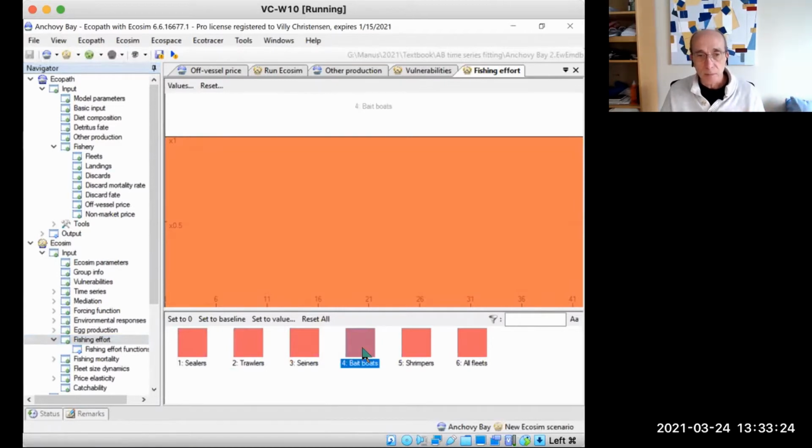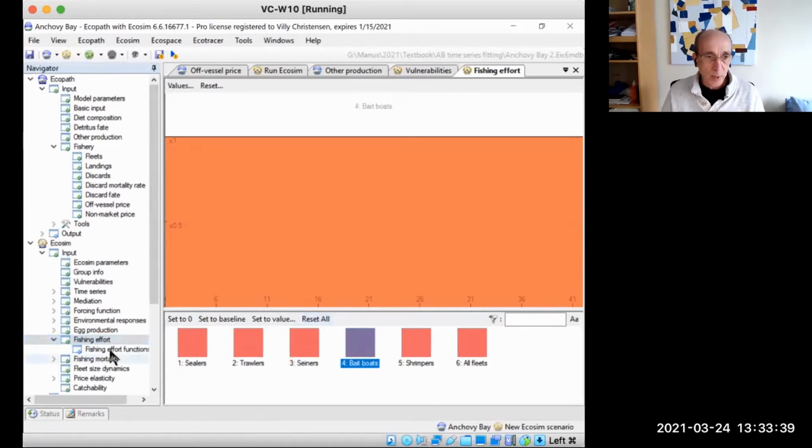They already had that, but if there had been time series in here, I would have reset all and gotten these flat lines to see what happens if I try to look for maximum sustainable yield.